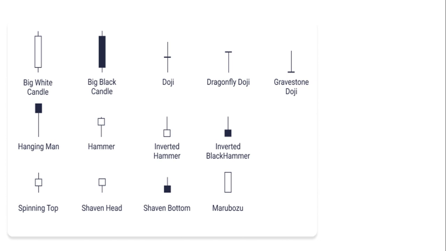It's not a must to know these candlesticks by name. It's not so necessary. Speaking as a professional who has been trading for more than 5 years, these candlesticks are not necessary to know by name. All that is important is to know, okay, this is how it is, it comes in this shape.